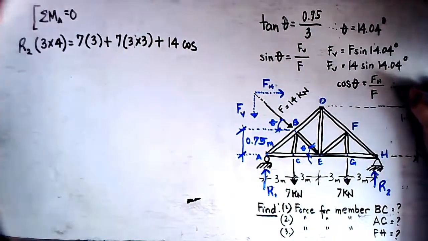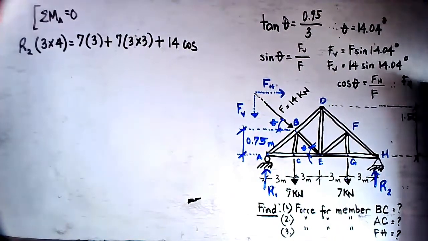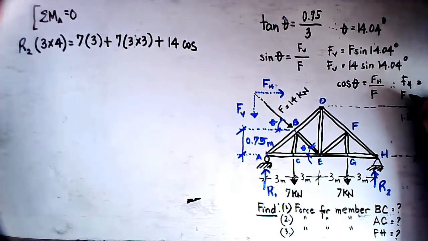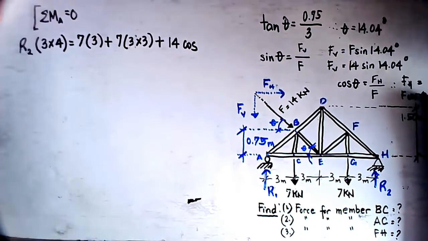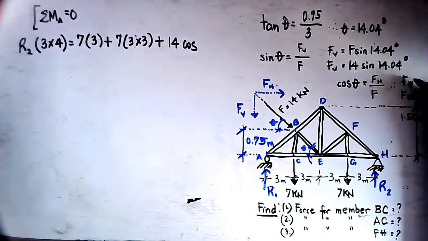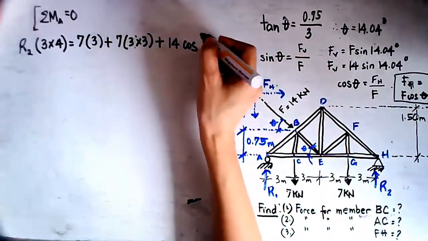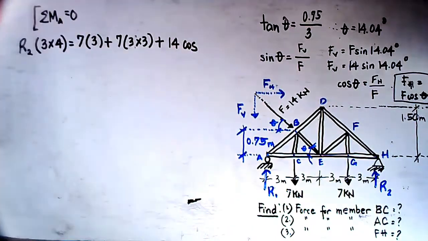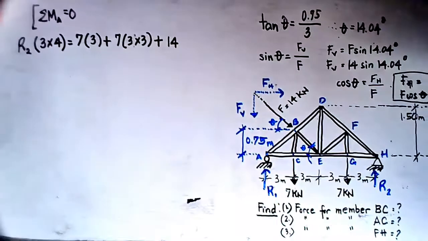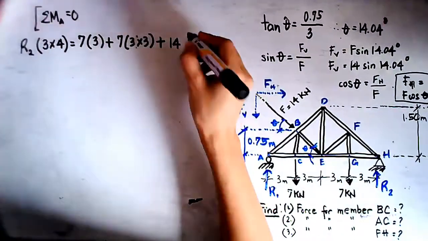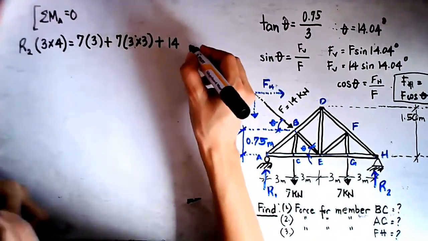That's basically F horizontal equals F cosine of the angle, from the equation here.